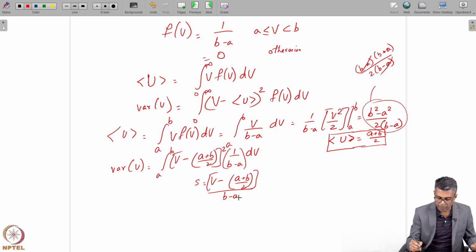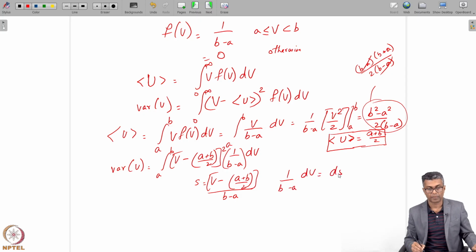So that means 1/(b − a) dv is equal to ds. Okay, so I already have that in my integral.